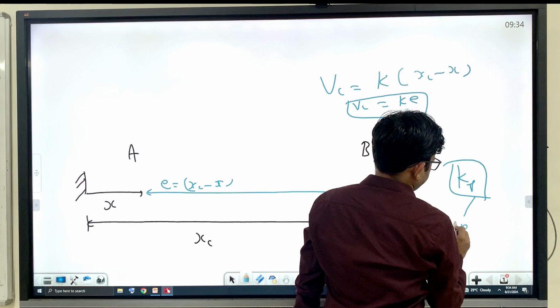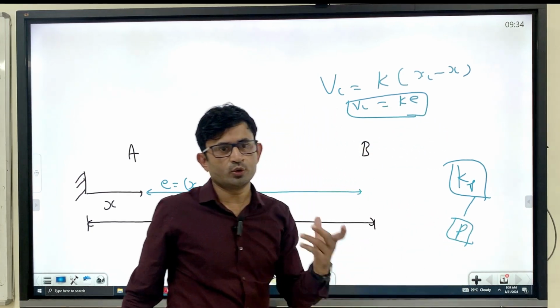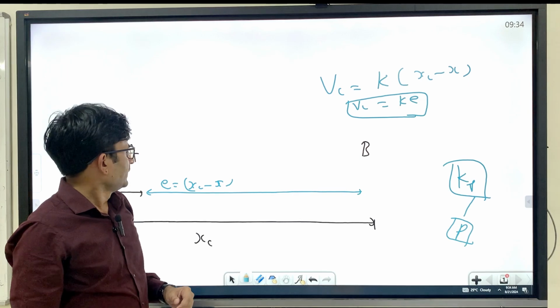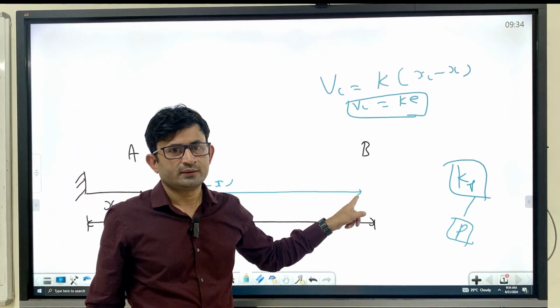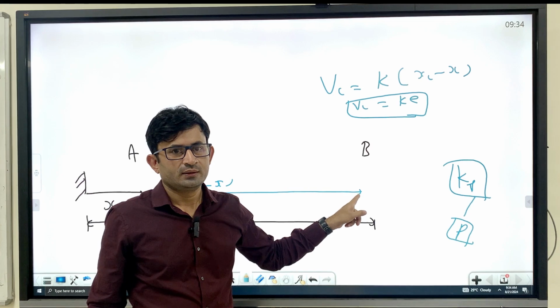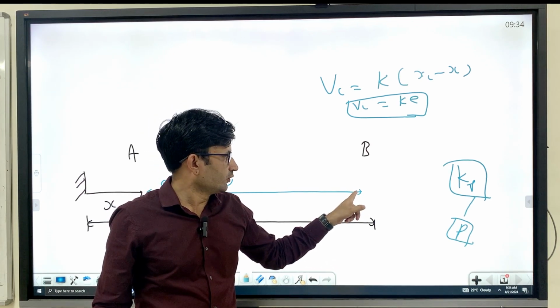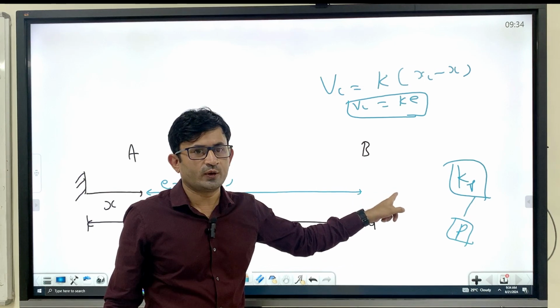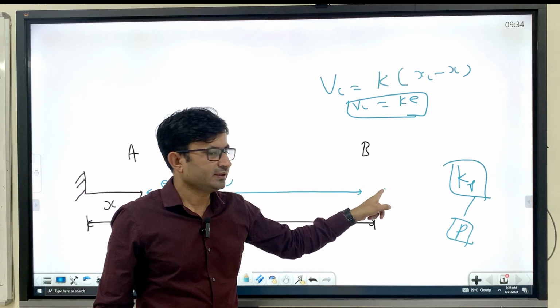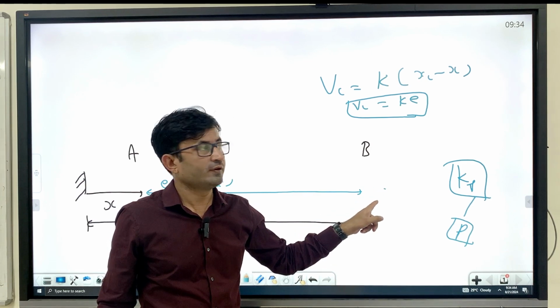So the P part is clear, right? And I want to discuss more about the P part. When you reach point B, you will move ahead of point B, right? And then what will the error become?